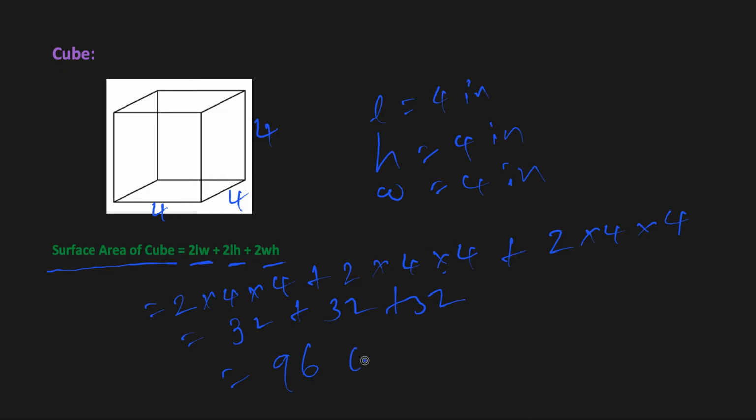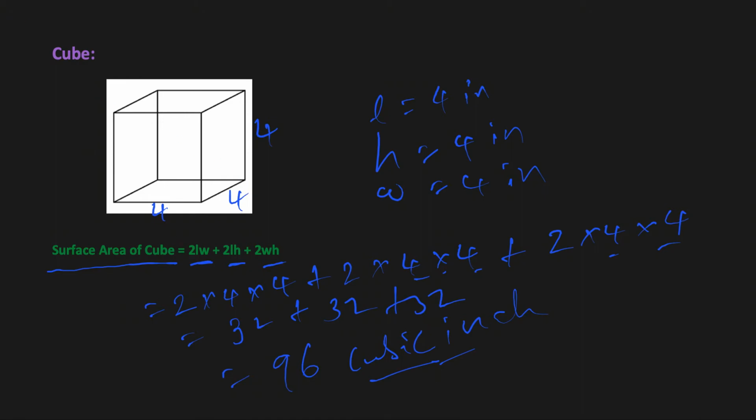Instead of inch cube, you can also say cubic inch. Why cubic? Because inch is multiplied 3 times, that's why. So this is how we calculate the surface area of a cube. In this case, everything was 4, we just substitute the value and we get 96.